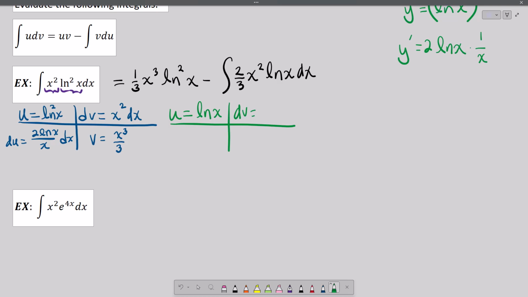Now here, most students have the instinct to see the constant, 2/3, and pull it out. That's fine. It's true. You can factor it out. But notice this whole integral is going to be rewritten as a uv minus integral of v du.